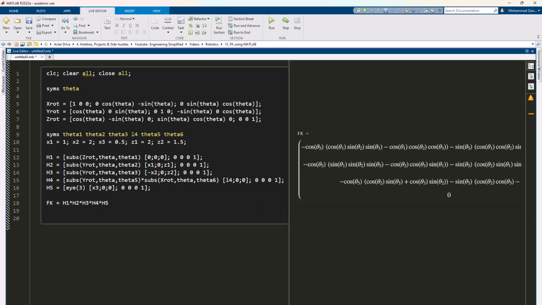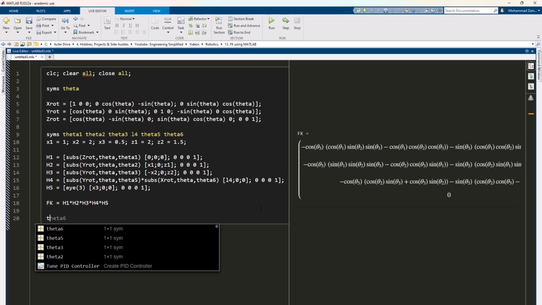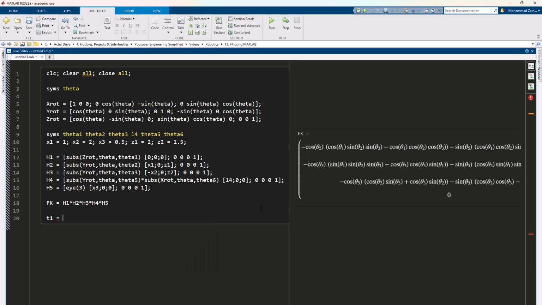Now let's say someone comes up to me and gives me specific values for these. Let's say theta 1 is 20 degrees, so 20 over 180 into pi, because I am working in radians.